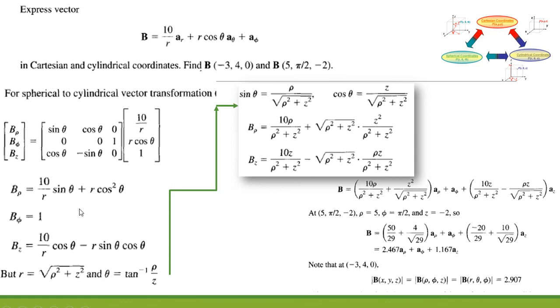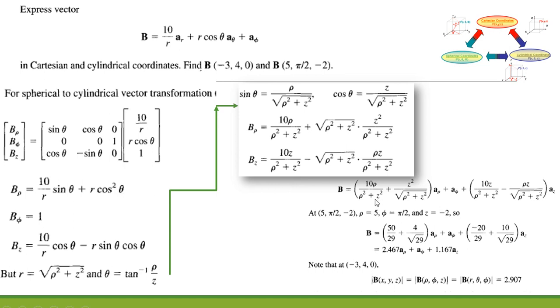After that, here we have to substitute for r equal to the square root of rho square plus z square, and rho is the square root of x square plus y square. Likewise theta equals tan inverse of the square root of x square plus y square by z. So sin theta and cos theta you can calculate, and then substitute for sin theta as well as cos theta.